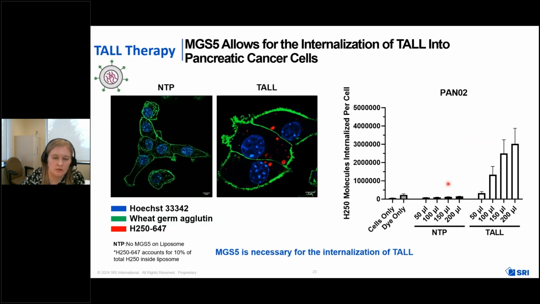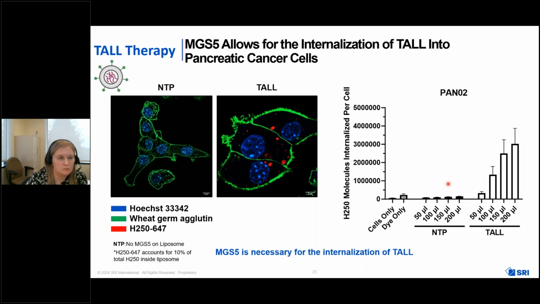So much like what we've done with MGS5 in the past, we're able to visualize via confocal microscopy and flow cytometry the internalization of the H250 peptide. Rather than having MGS5 conjugated to 647, this time we are conjugating our H250 to 647, and that's depicted in red. Again, our green is our cell membrane stain, and the blue is the nuclear stain. When I refer to NTP, NTP is our non-targeting peptide.